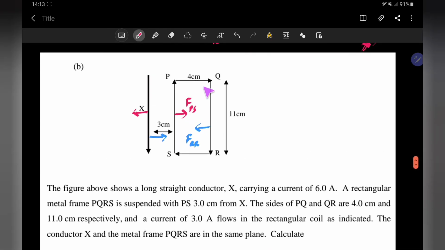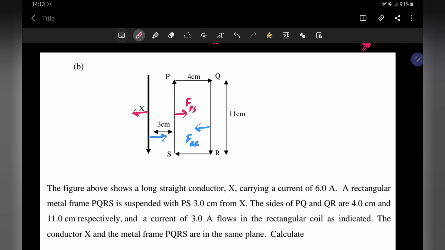So based on this, PS is parallel with X, also QR is parallel with X. According to the parallel conductors we have discussed before, when the current flows through both wires in the same direction, they will attract each other, while when the current is in opposite direction, they will repel each other.